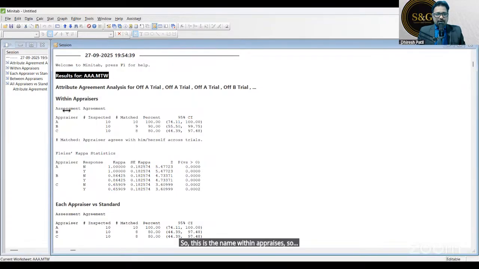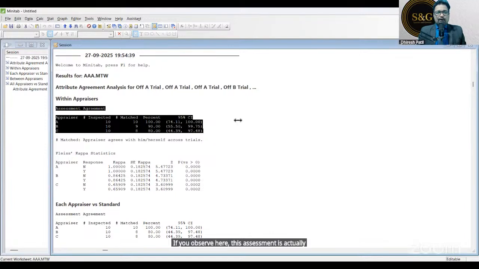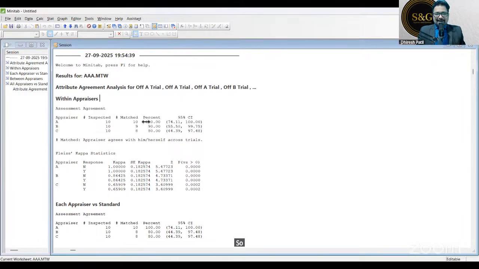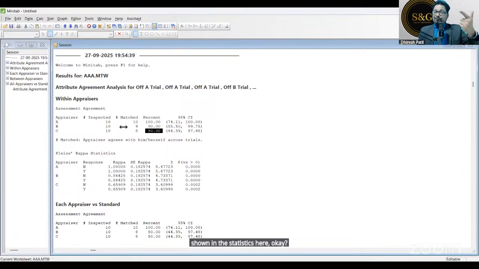If you observe here, this assessment is actually about the reproducibility, basically. Sorry, repeatability. So appraiser A is 100%, appraiser B is 90%, appraiser C is 80%. The same thing which is shown in the statistics here. Okay. And for that, the software has calculated a kappa value.